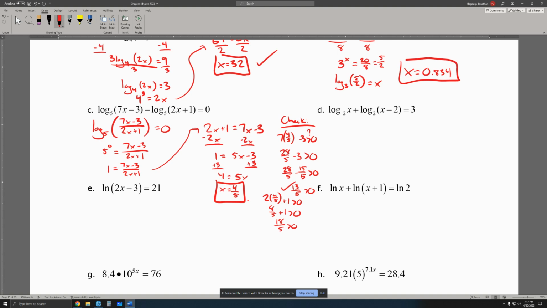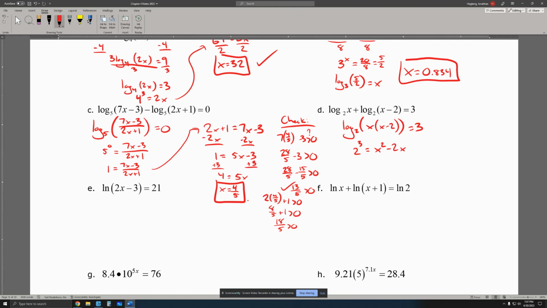All right, letter D. Again, I noticed that we have the same logarithmic base, so I can combine these using the product rule. Log base 2 of x times a quantity x minus 2. Now that we have the log by itself, we get 2 cubed is equal to the argument of the log, which I'm going to go ahead and distribute.